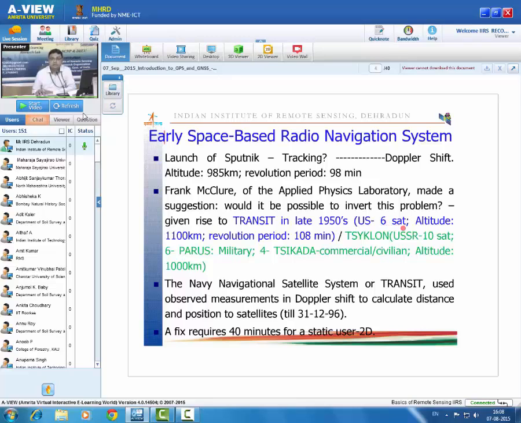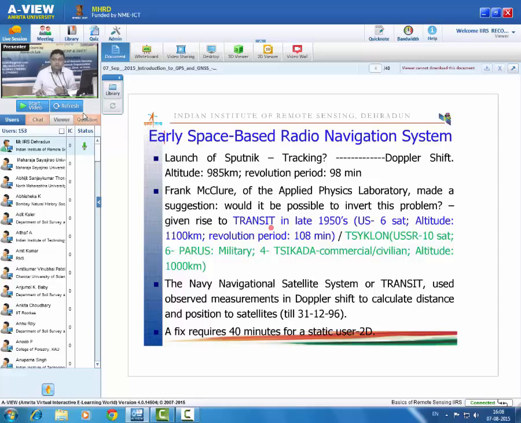The position of the satellites in orbit is very well known. These satellites were at an altitude of 1100 km with a revolution period of 108 minutes, and based on the position of these 6 satellites, the position of the receiver on the ground, which receives the Transit signals, can be located.